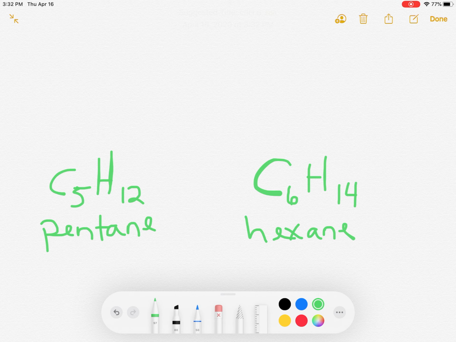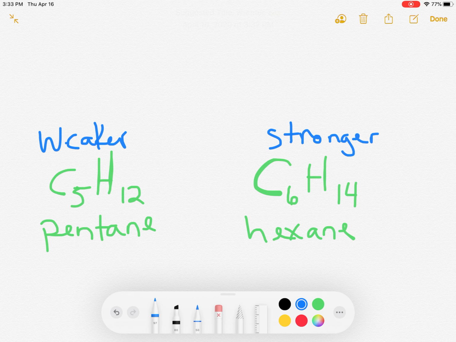They only have London dispersion forces. So we know pentane, since it has less carbon and less hydrogen, is going to be smaller, which means it's going to have weaker intermolecular forces. So let's put that here, weaker and stronger.